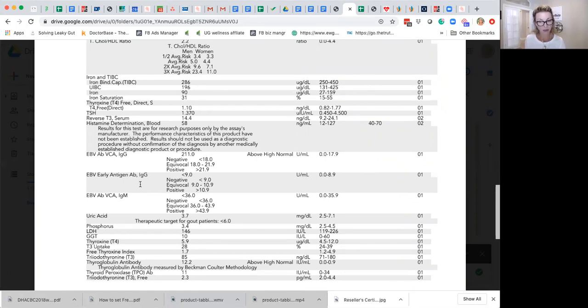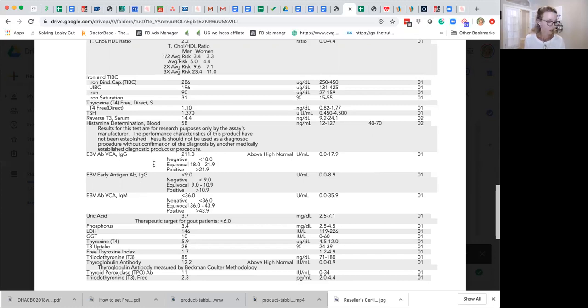Maybe I was just in a low-level crappy stage. This VCA IgM, that one also flares up with reactivation, but it won't necessarily flare up to a high number. So it was negative, so it might have been flared up, but not enough to show up on the test.